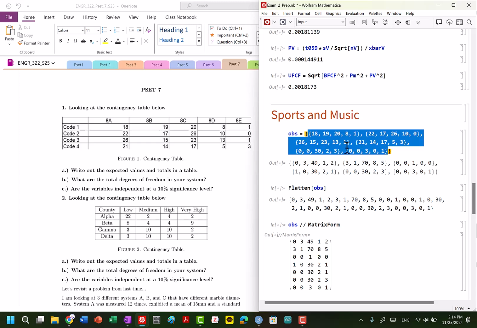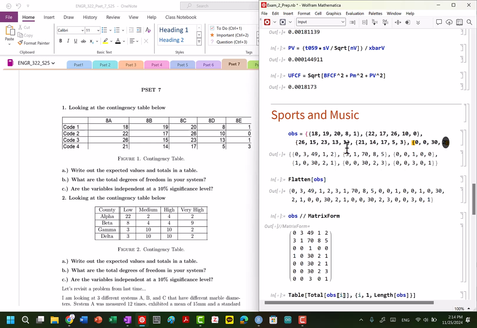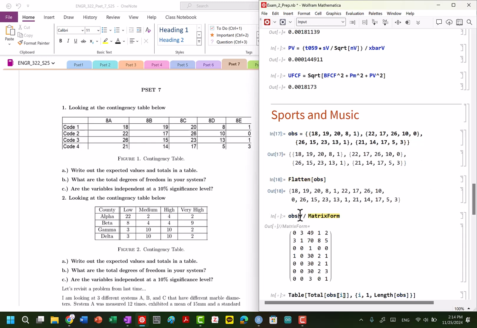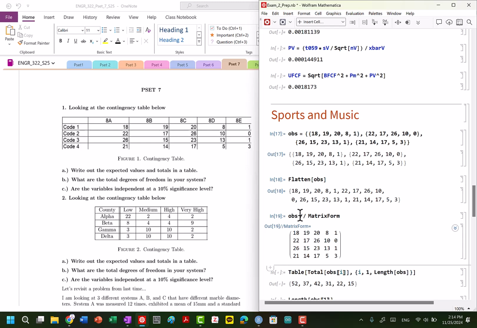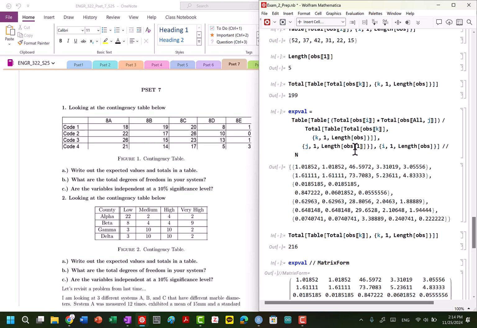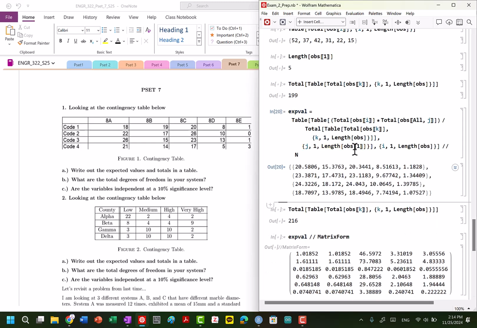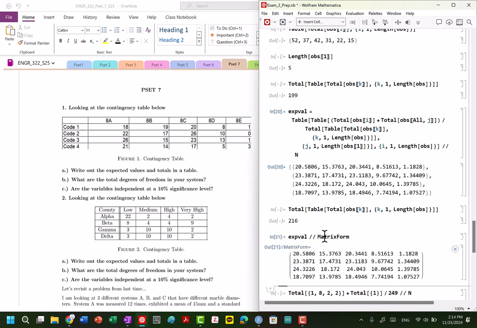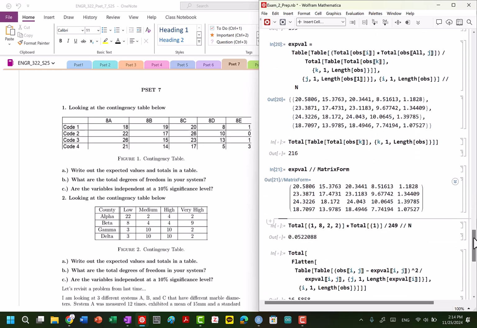We'll delete the rest of these. Good. We'll flatten this and look at it. Looks to be pretty correct to me. So that is our observed values. Our expected table is going to look as follows, like we see here. We can look at those expected values right here.